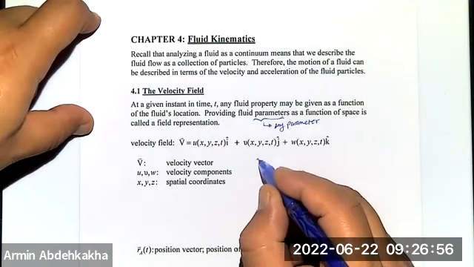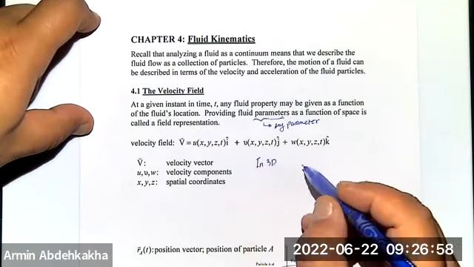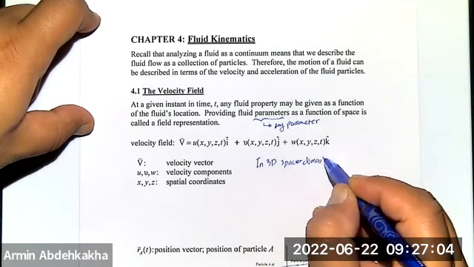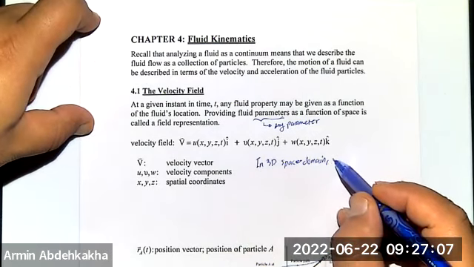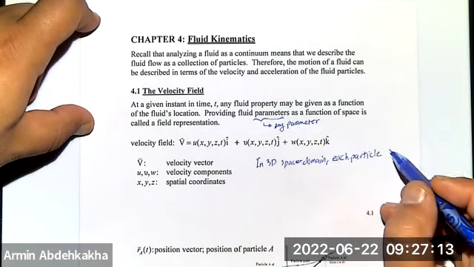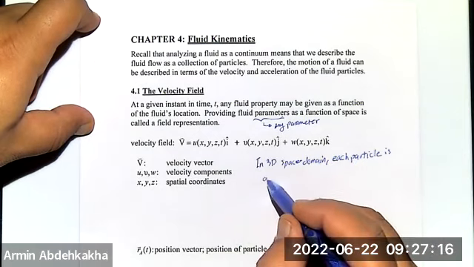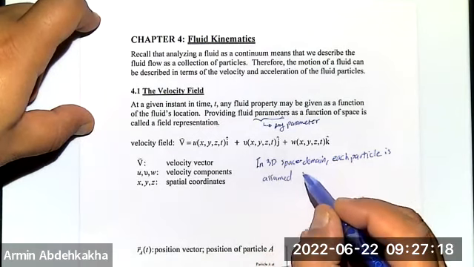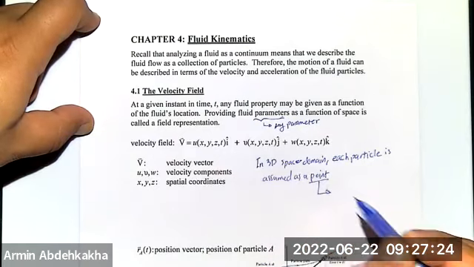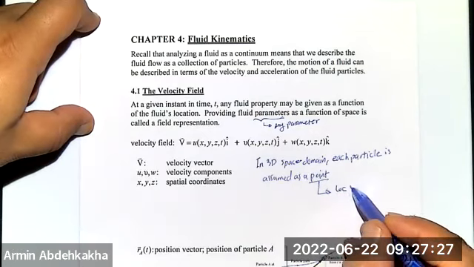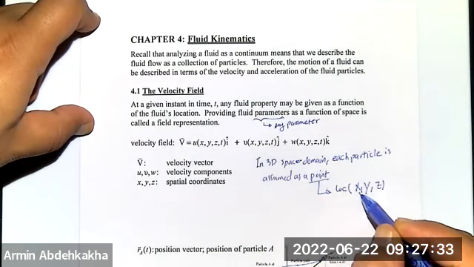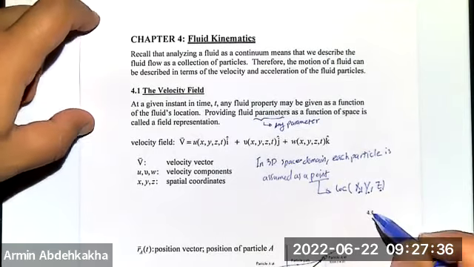So in 3D space, each particle is assumed to be a point. As a point, it has a location, right? The location means X, Y, and Z. I put zeros here because those are just a location.